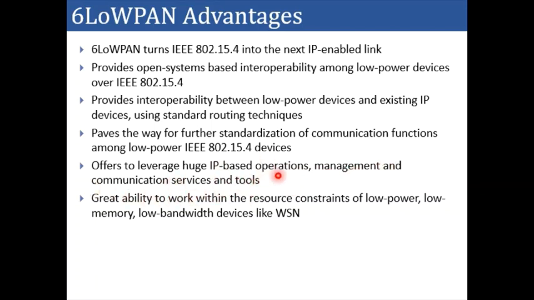Since we are using standard TCP and other layers with 6LoWPAN, we can utilize the standard operation management and communication services which are available in various communication layers for IEEE 802.15.4 data also. It has a great ability to work within the resource constraints of low power, low memory and low bandwidth devices like wireless sensor networks.